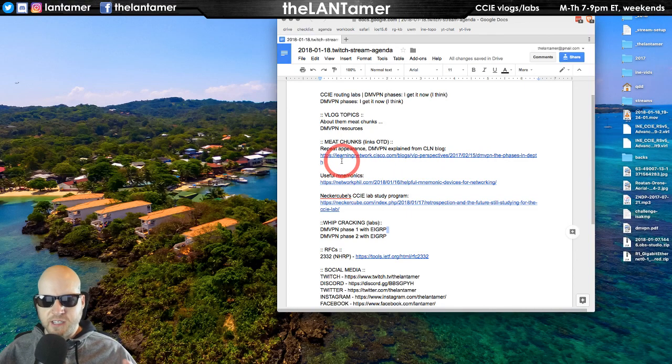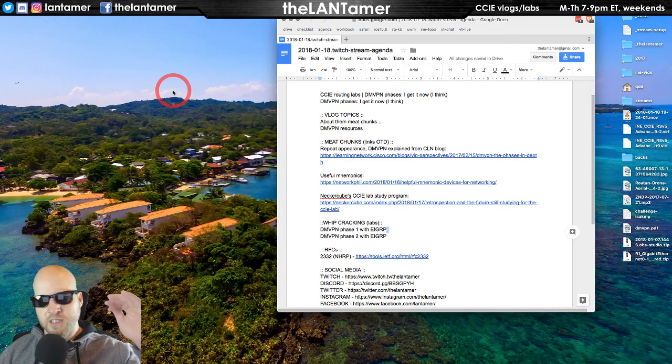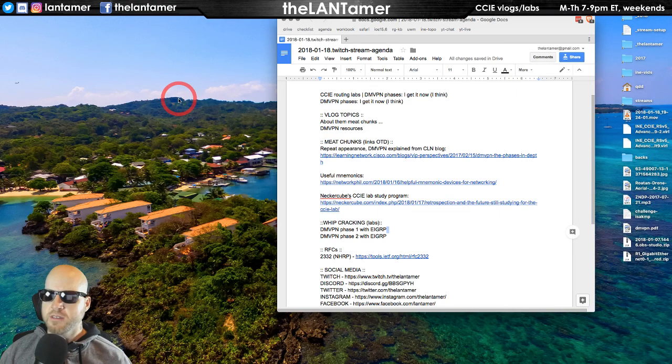And essentially that gets into my first point about why I think I've got it now. I've struggled the last several days to really understand conceptually, but there does not seem to be one single resource that I could say I went to this particular resource and understood DMVPN phases, understood the difference between phase 1, phase 2, phase 3.